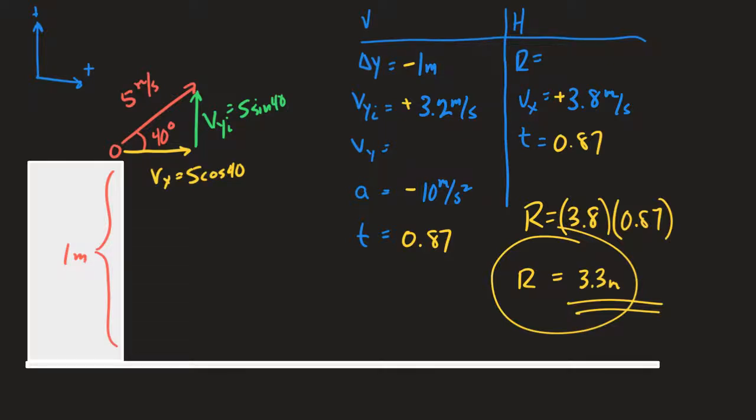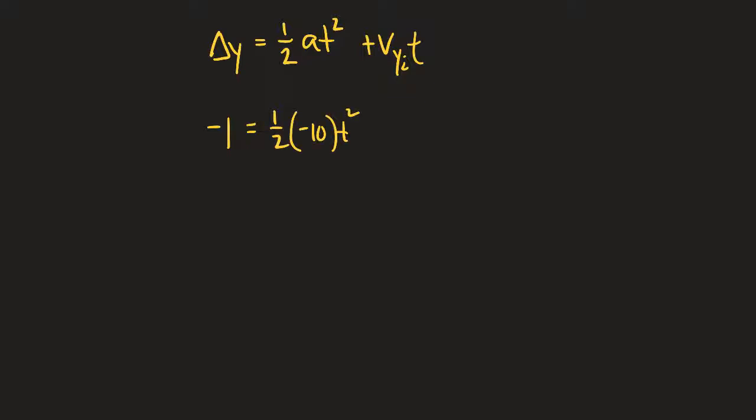Now, say, all right, delta y equals 1/2 a t squared plus vy initial times t. And that's going to be -1 equals 1/2 times -10 t squared plus 3.2 times t. And now does yesterday make more sense?